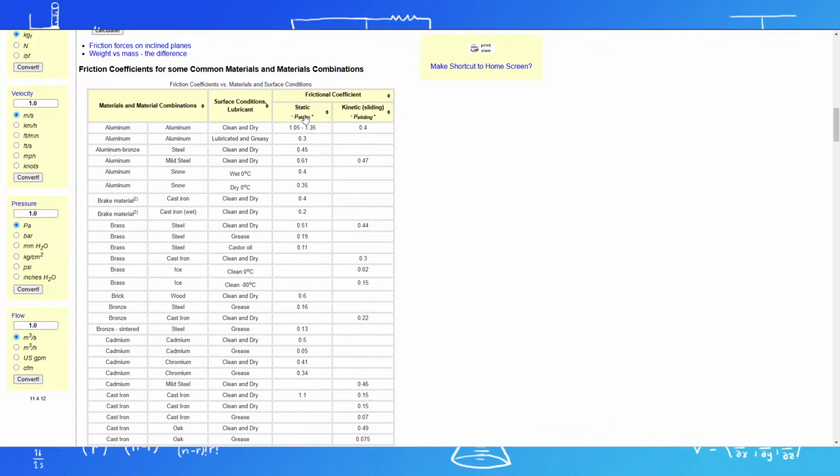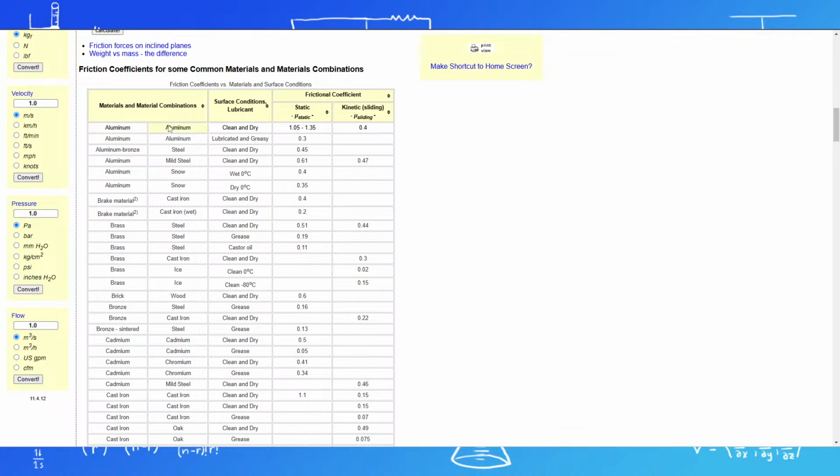Over here you've got whatever the static friction coefficients are. Sometimes they are, as you can see, variable. Here's your kinetic friction coefficients, which are also sometimes called sliding friction coefficients. So if you see the term sliding friction, it's talking about kinetic friction there.